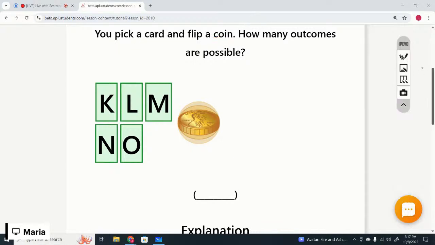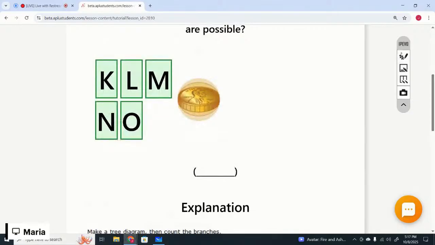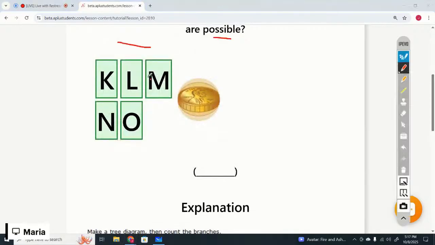How can we calculate the outcomes? So look at the outcomes for the card. We have five cards, right? And the outcomes for the coin is 2. So 5 times 2 is 10.